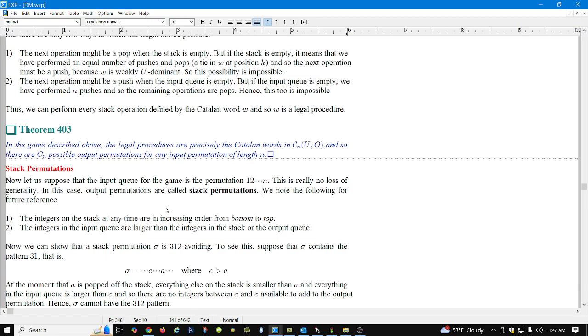Higher up in the stack are the bigger numbers. It would be useful for you to think on that and make sure that makes sense to you. The integers in the input queue are larger than the integers in the stack or the output queue. The biggest numbers are still on the input queue.